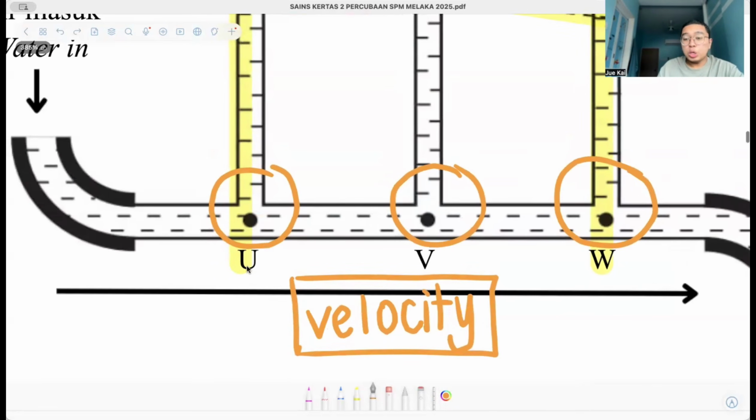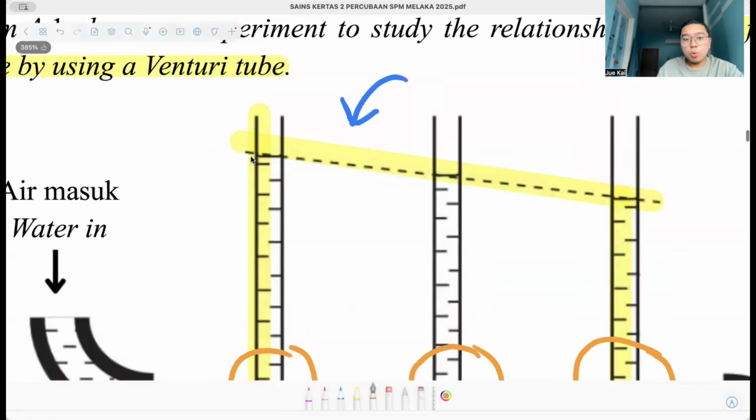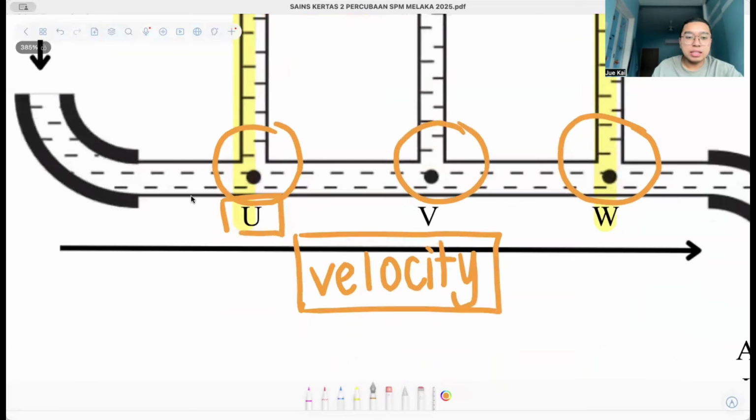You see, the water level is the highest. Okay, really easy. When the water level is the highest, it means that the velocity is low. When the velocity is low, the pressure will be high. Clear or not clear?